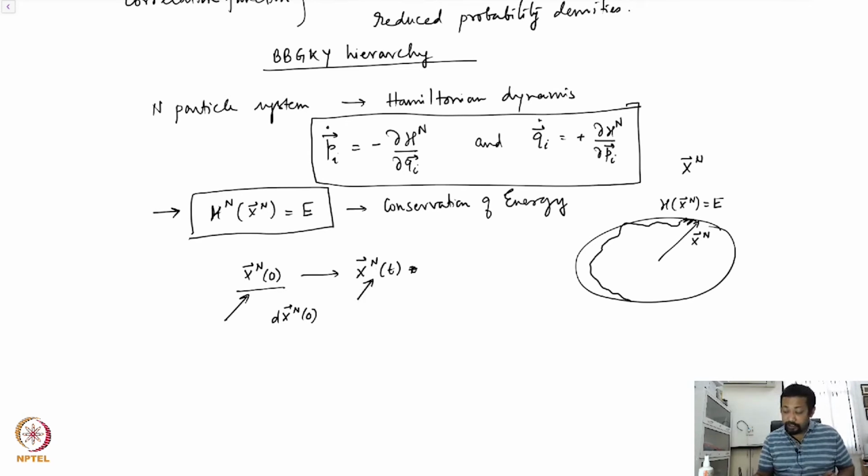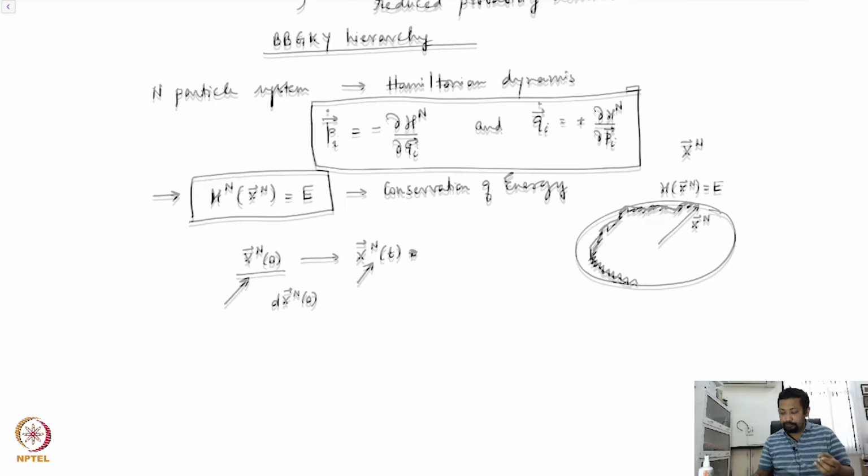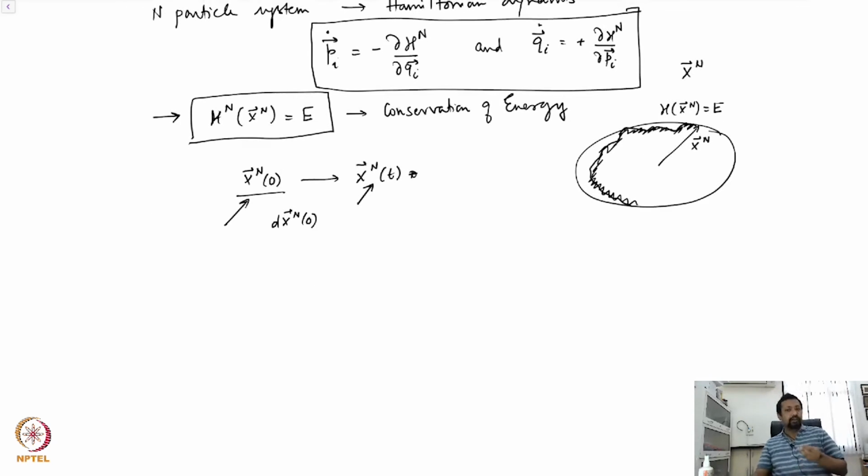So essentially you get a spread in the phase space, right? If you wait long enough, then this phase space will be completely filled by these trajectories. We'll come back to this point. This is one of the pillars of statistical mechanics, what we call the ergodic theorem. However, right now, what we want to emphasize, as we have done earlier, is that we want to imagine this phase space to be filled with a continuum of state points.